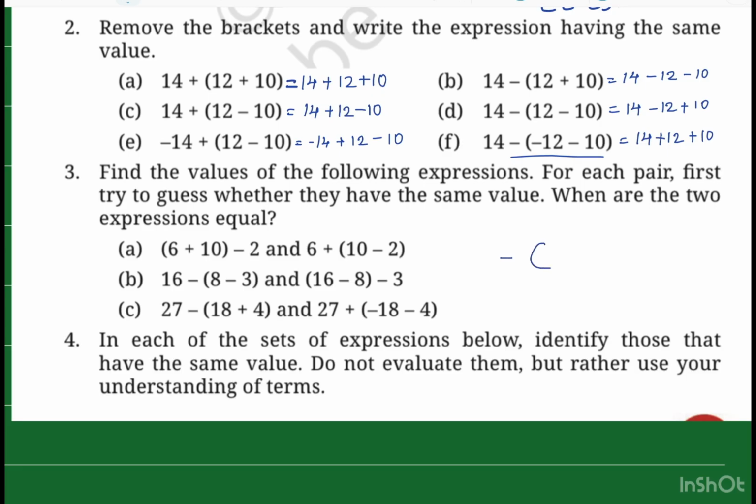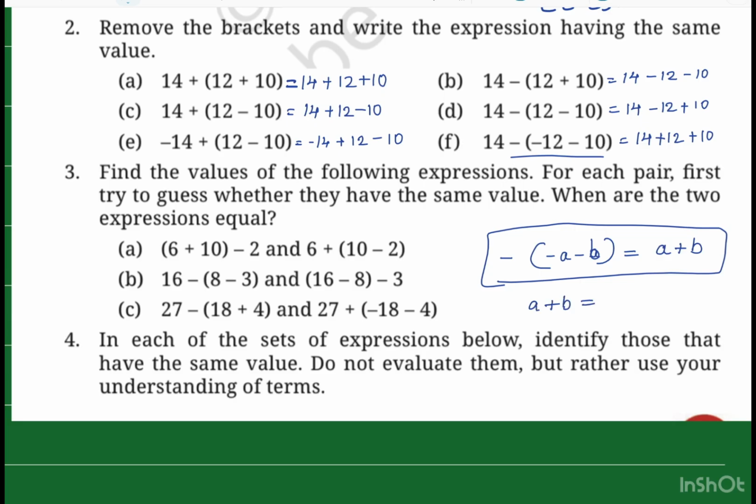From this we can see that minus of minus a minus b is equal to a plus b. This is an important property we have to remember. A plus b is equal to minus of minus a minus b.